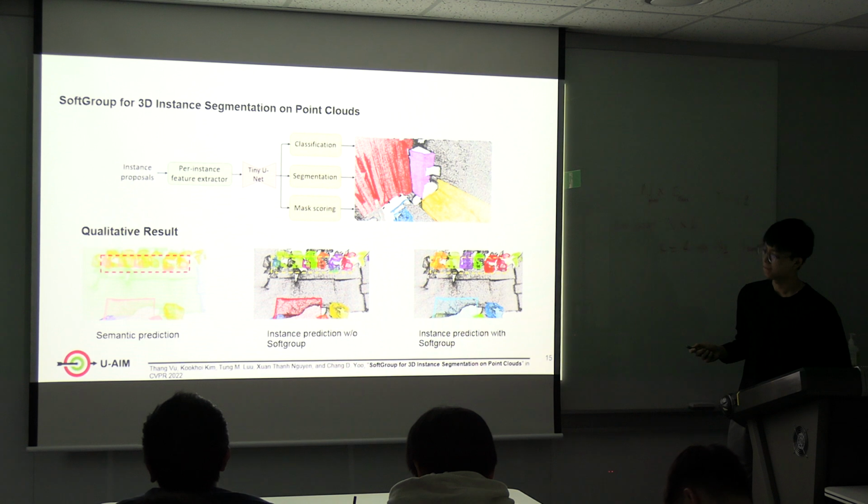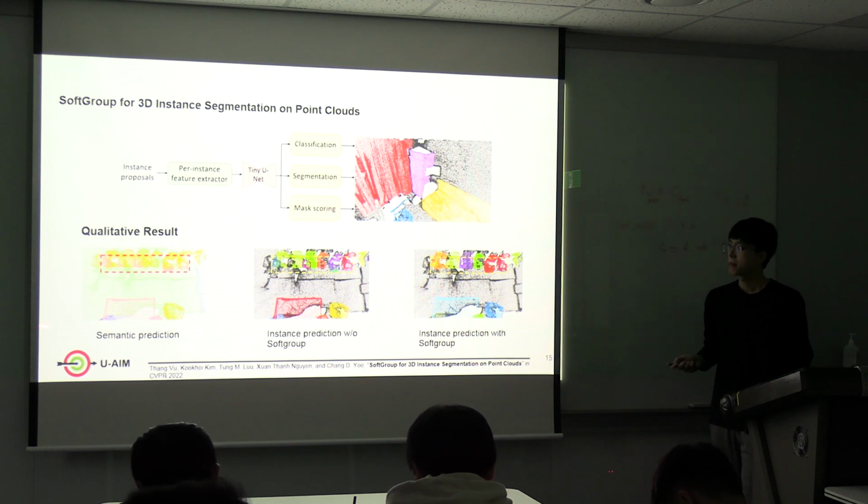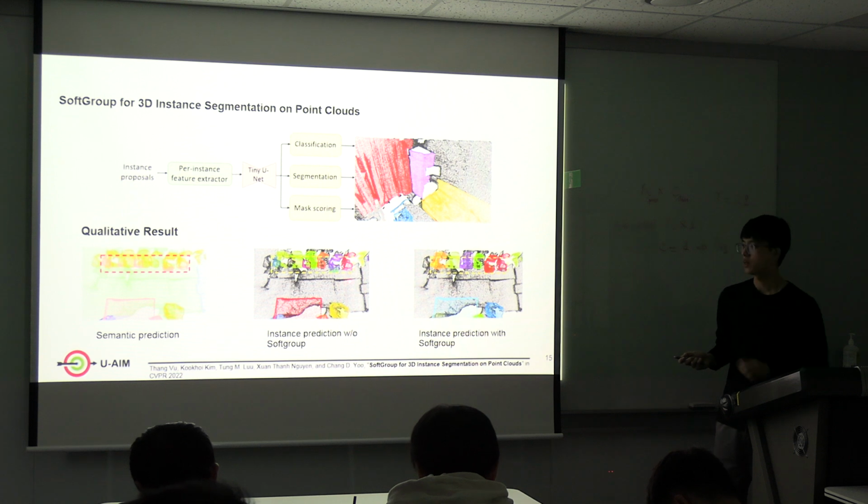So after you get the clustering, this time for the instance proposal here, you will put that into the top down branch. This consists of tiny unit and classification, segmentation, and mask scoring branches to get the instance map. Because you use the hard prediction semantic score for each point, they will have a value scale for mask prediction, and by using the subgrouping, you can enhance the quality of the result.